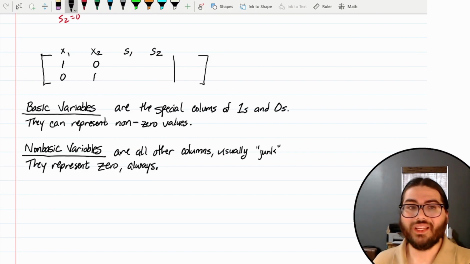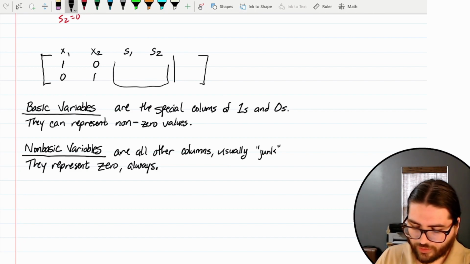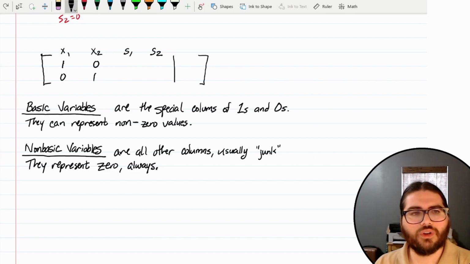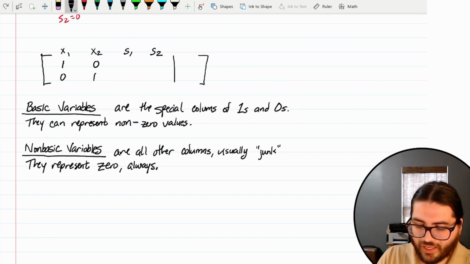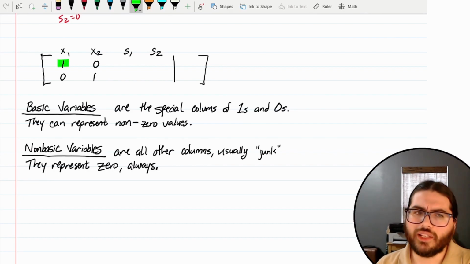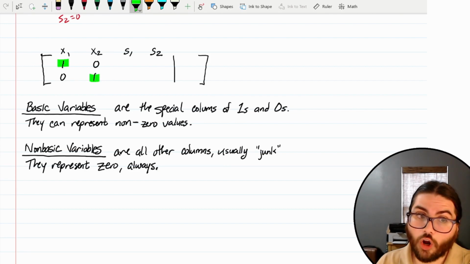In this matrix, we can't do that fully because, you see how no matter how I do it, there's room out here. I can't get a special pattern of ones and zeros out there because in Gauss-Jordan, I'm only allowed to have one of those special ones. We called it a pivot. I'm only allowed to have one of them in every column and one of them in every row.